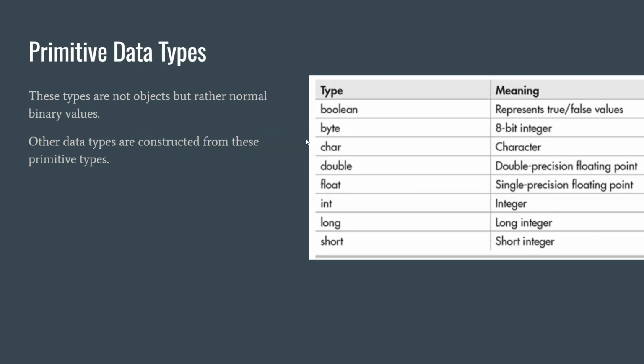So you can see that boolean, byte, char, double, float, int, long, short, they are primitive data types. And you can see for each type, there is a meaning next to it. Unlike primitive data types, other data types are constructed from these primitive types.